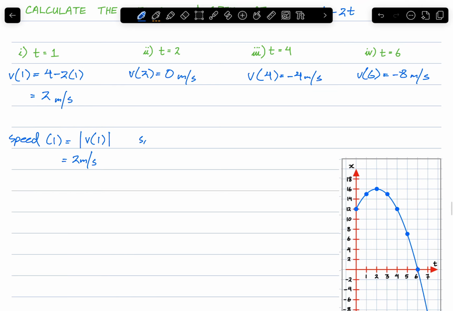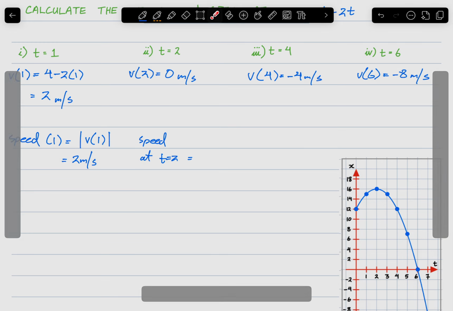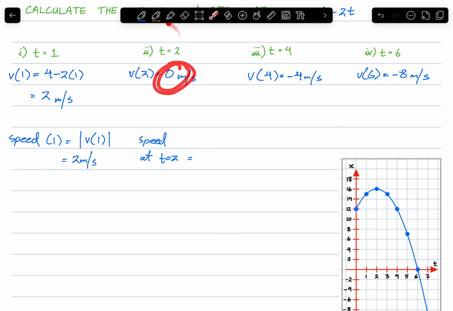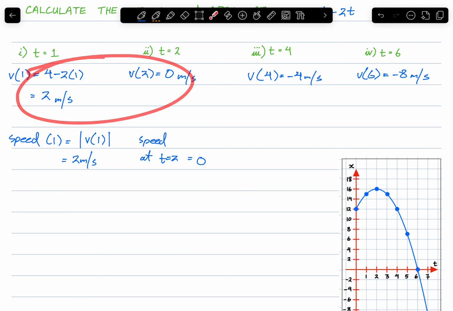Likewise for this one, the speed at t equals 2 is the absolute value of 0, which is still 0. You can see that it has no effect on positive or 0 velocities, whereas with these negatives, they will become positives.